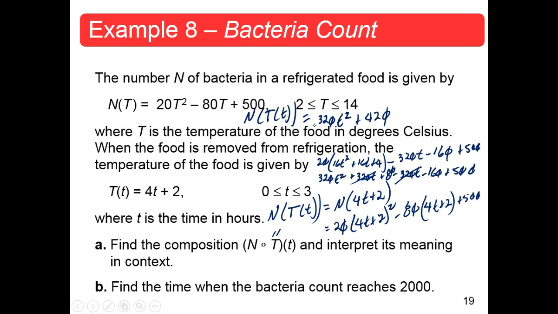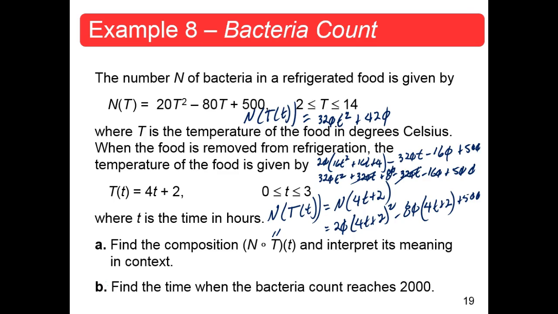That's what we were asked to do. That's what we got. And interpret that for me. What does that mean? What does N represent? Number of bacteria as a function of time. The time that you pulled it out of the fridge. Only good for the first 3 hours. Okay?